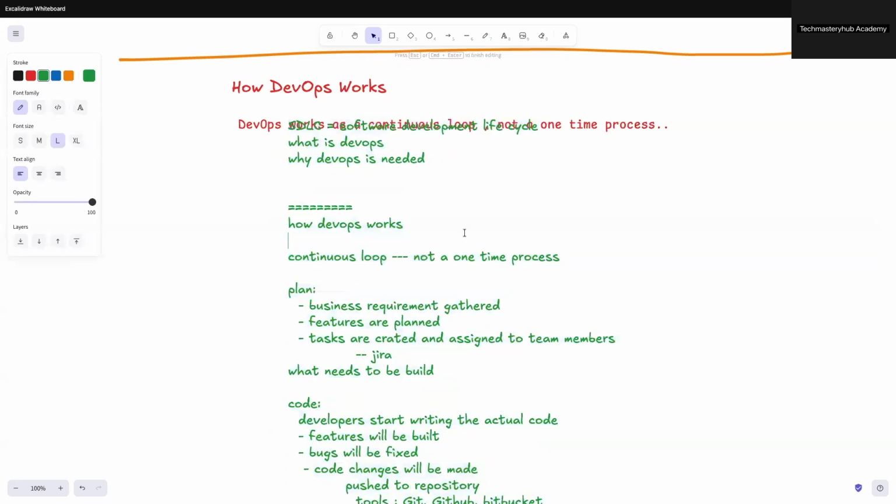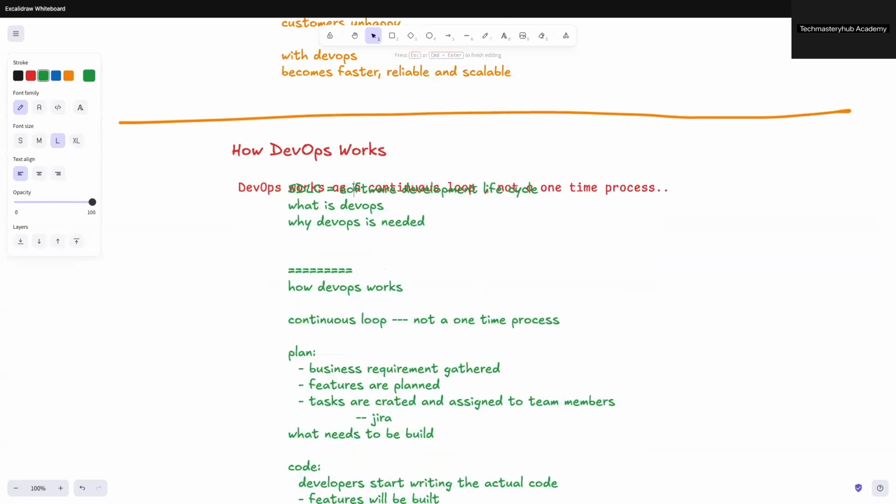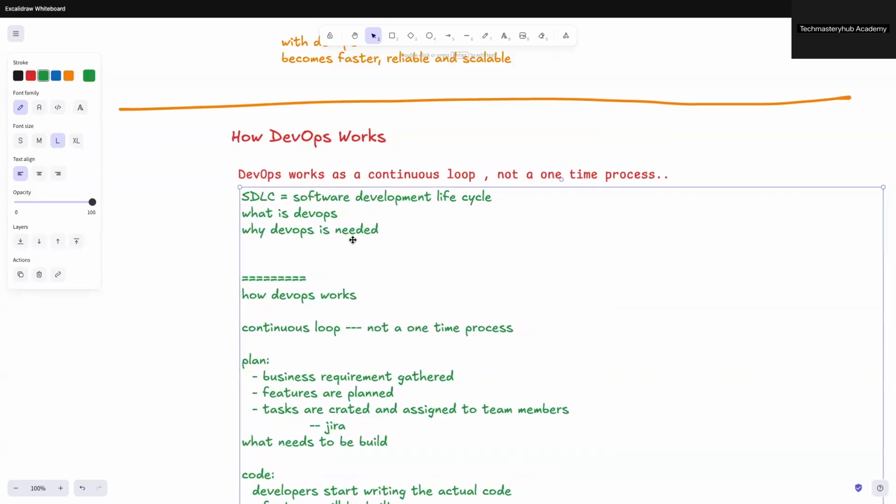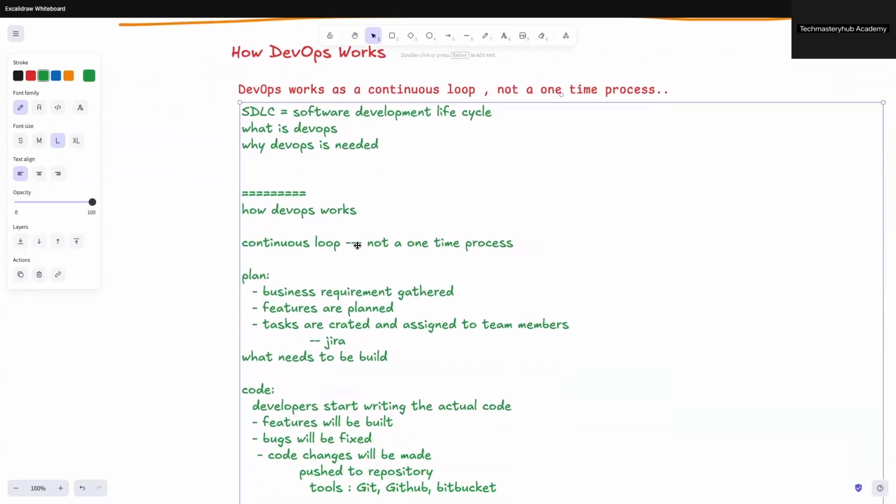Then we understood what is DevOps. Then we understood why DevOps is needed. But now let's understand how DevOps works. Okay, so how does DevOps actually work in real companies?